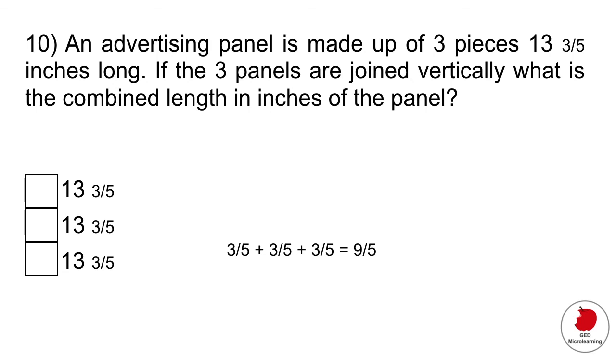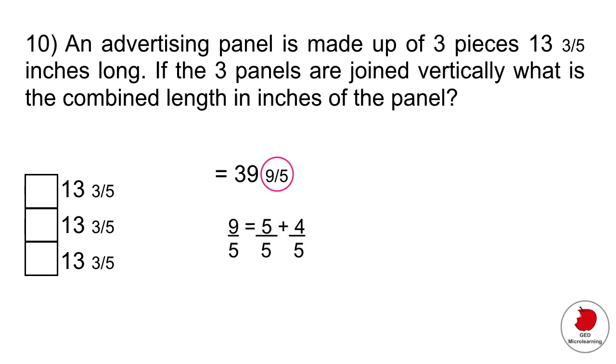Sorry, I put this in the wrong order. But if we add the whole numbers first, we end up with 39. Then if we add the fraction parts, we end up with 9/5. So 39 and 9/5. This has to be further simplified. 9/5 is equivalent to 5 over 5 plus 4 over 5, and 5 over 5 is 1.